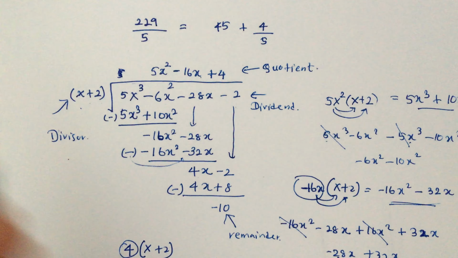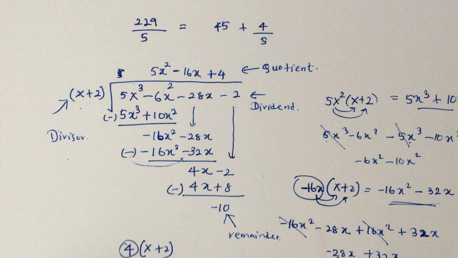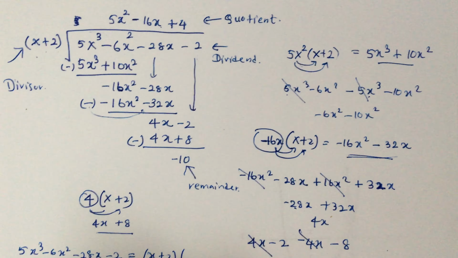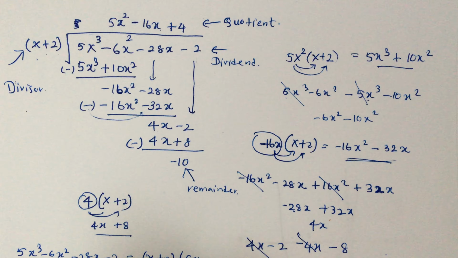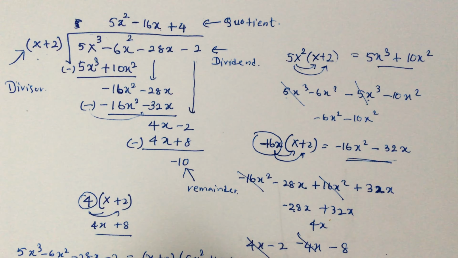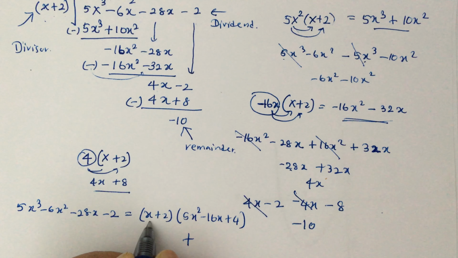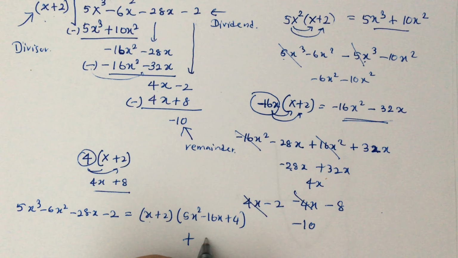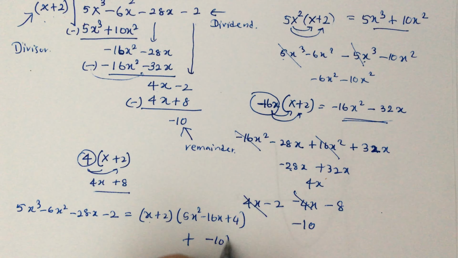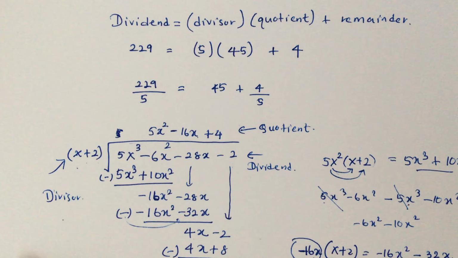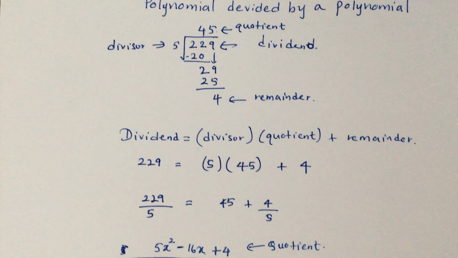The divisor is x plus 2, and the quotient is 5x squared minus 16x plus 4, plus the remainder, negative 10. So that's how you divide a polynomial by another polynomial.